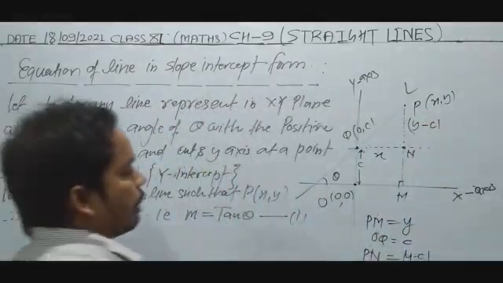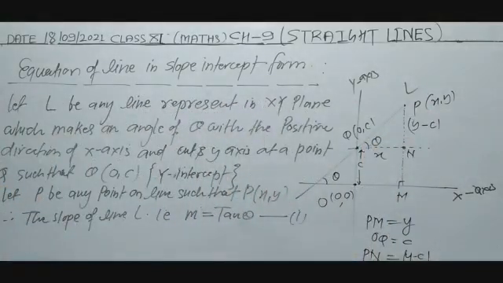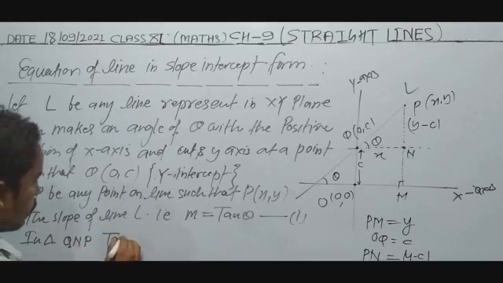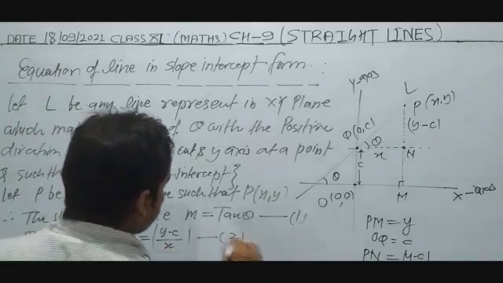Now by the property of corresponding angles, this angle is theta. So from figure, in triangle QNP, tan theta we can write as (y minus c) upon x. Consider equation 2.